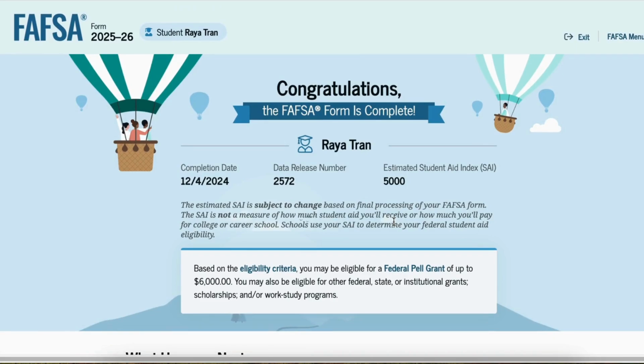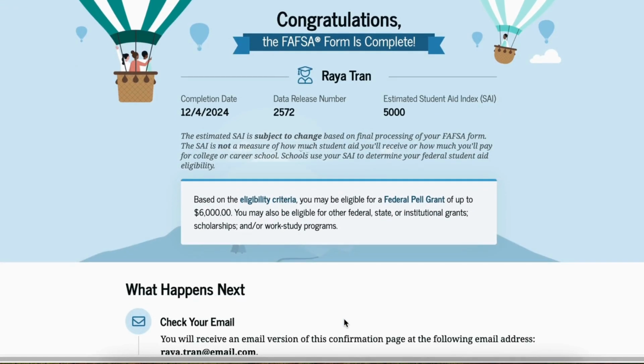So they think that my parents can probably give me $5,000 to be able to go to school, roughly. But then once it's fully processed, it's going to tell us how much of the federal Pell Grant we are eligible for. So of that just under $8,000, based off my SAI of $5,000, I might be eligible for $6,000.